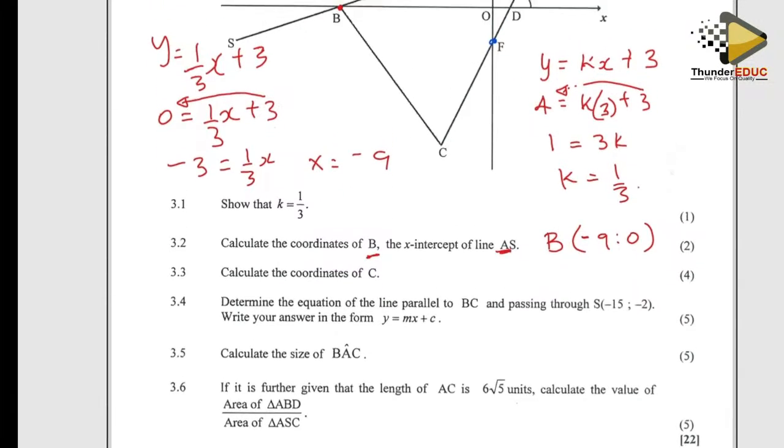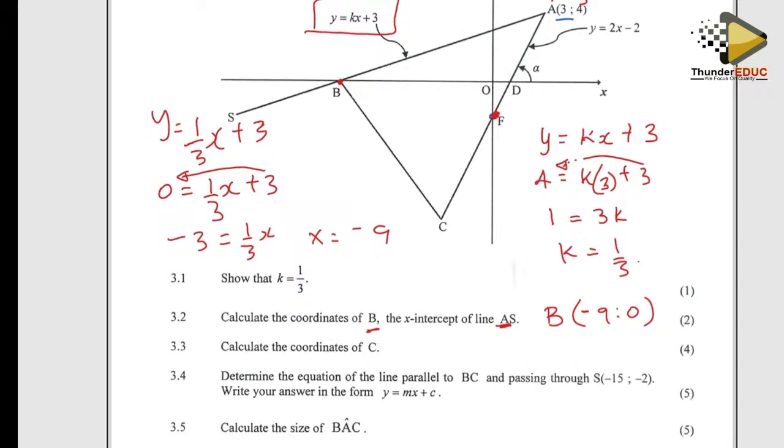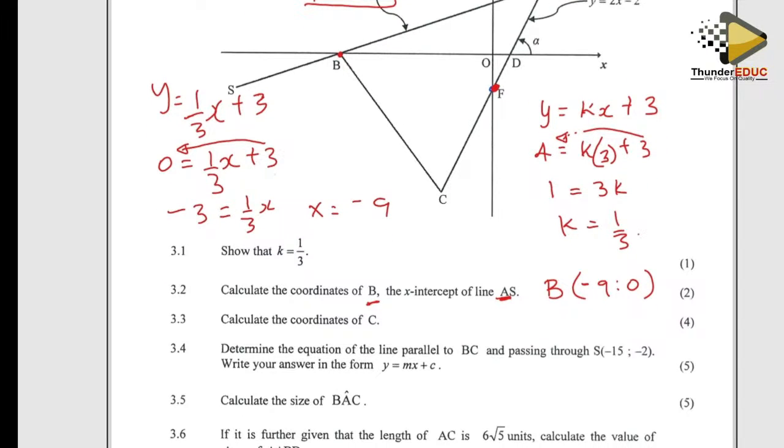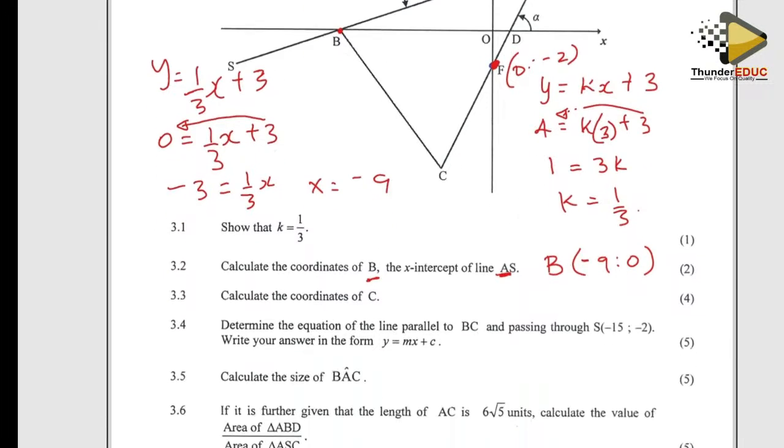Then they want us to get the coordinates of C. For me to get C, remember, they told us that F is a midpoint. So if F is a midpoint and F is on the y-axis, from this equation I know that F is the y-intercept. So the coordinates are going to be (0, -2). That is for F. Okay, (0, -2).